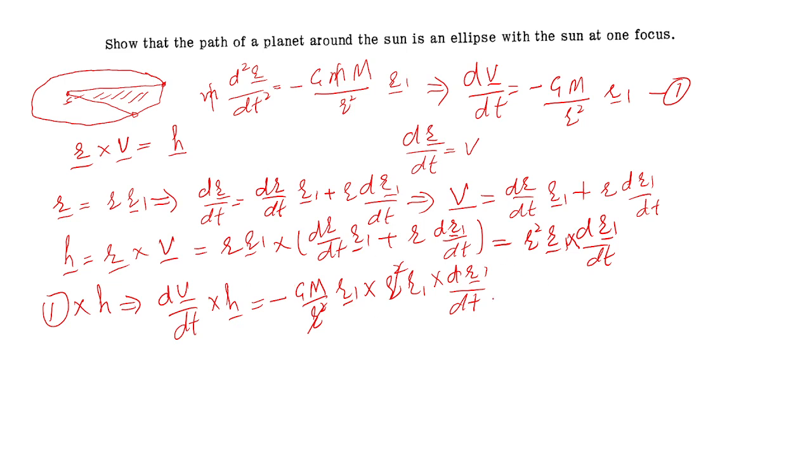So I am left with a triple vector cross product and a constant minus gm, and what is left here is r1.